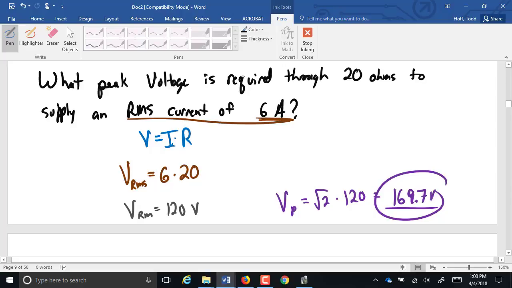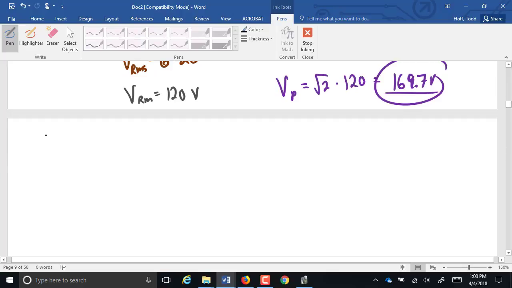So if we can use Ohm's law on RMS, or we can use Ohm's law on peak, why do we care so much about RMS voltage? Well, because power is always from RMS voltage and current.